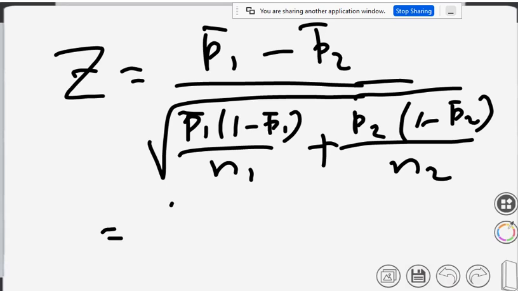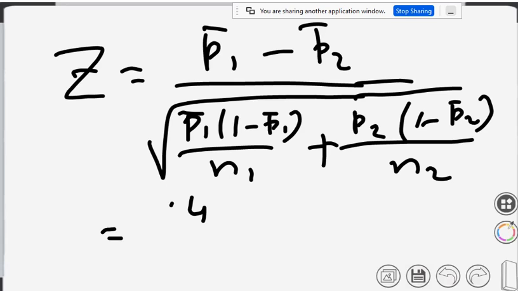This is P1 bar. How much? P1 bar is 0.4, right? Yes, sir. 0.4. And here P1 minus P2 is 0 because we are comparing P1 equals P2. The actual formula is P1 bar minus P2 bar minus (P1 minus P2). If you see the table I've sent, P1 minus P2 is given as 0.